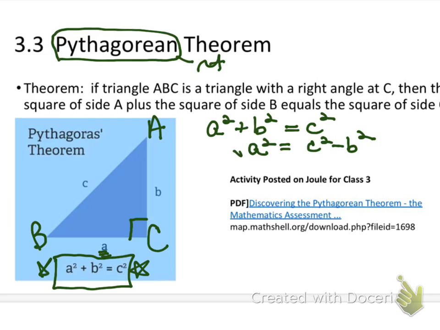I would then take the square root of both sides, and I would say that A equals the square root of C squared minus B squared. Now you're going to use that same approach if you have numbers, or I should say when you have numbers. Okay, so that's Pythagorean theorem, using it to solve for a missing side.